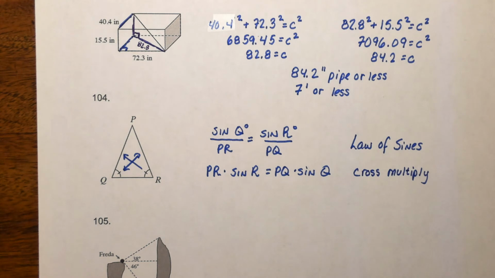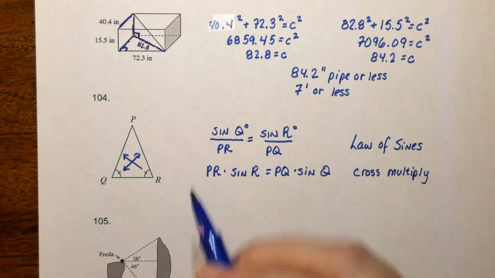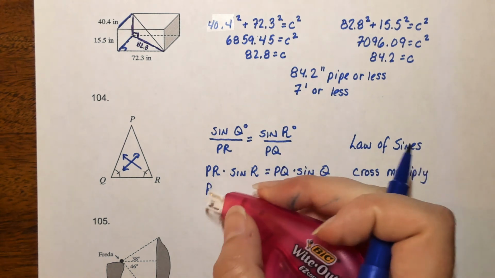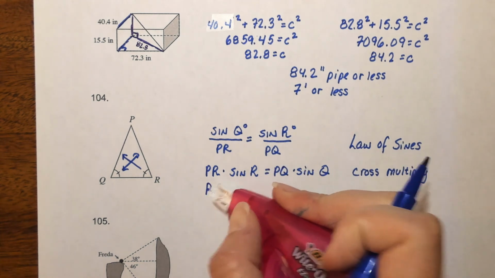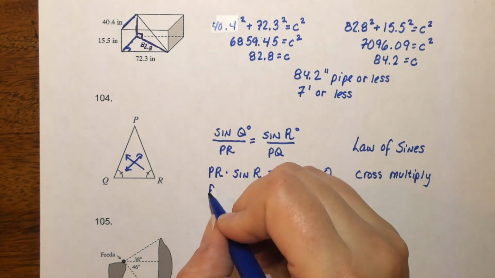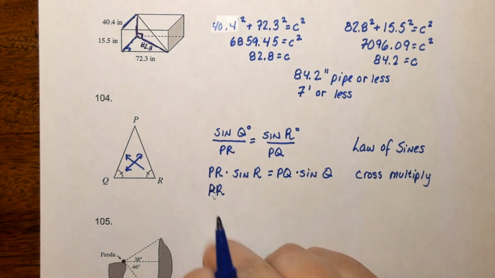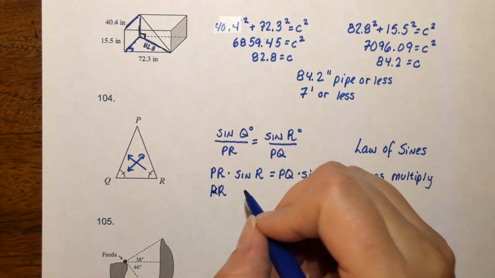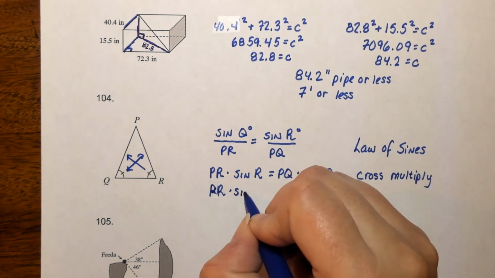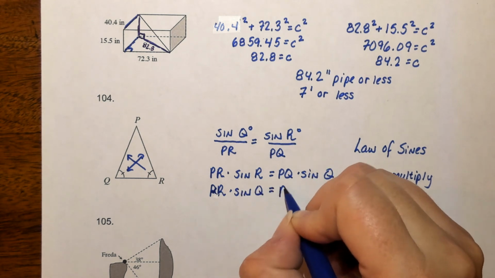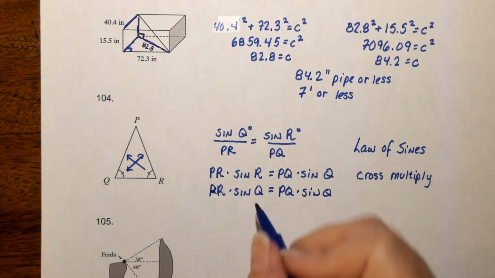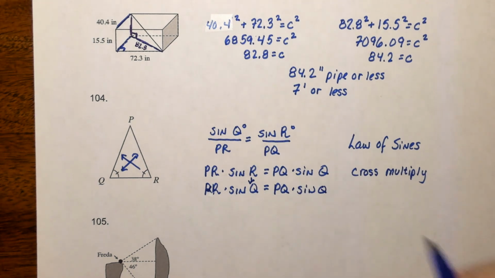Okay, now what I'm going to do is called the substitution method. I know that Q and R are equal, so I can actually change one to be the other. PR times sine Q equals PQ times sine Q. I changed R to Q because those are equal.